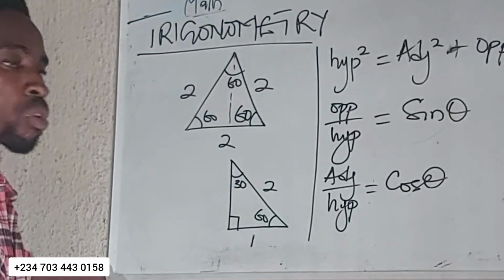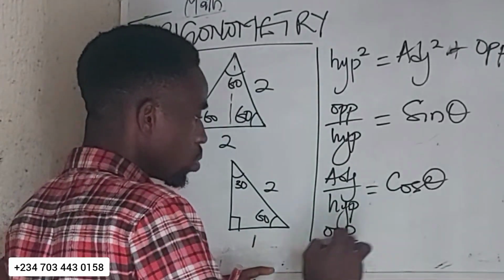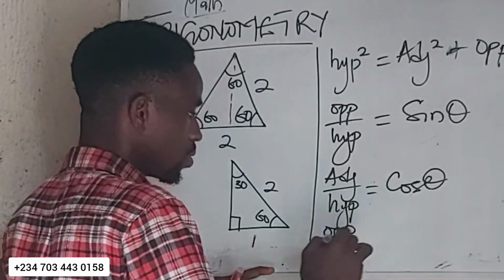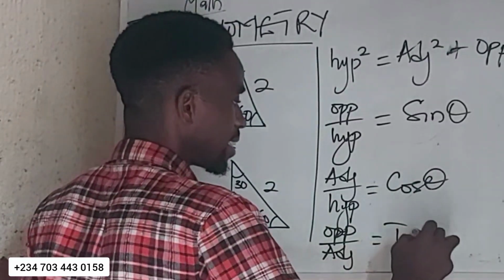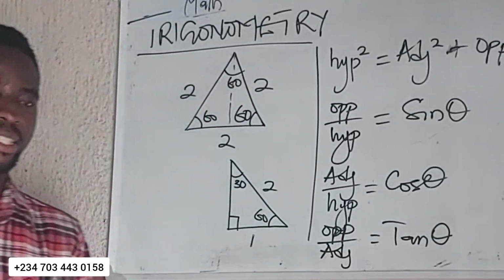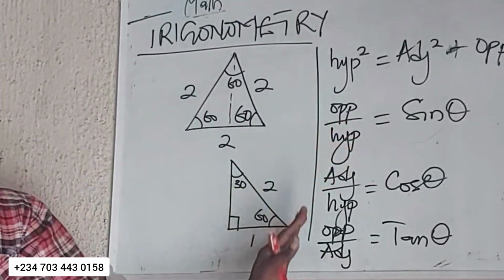And then the ratio of opposite to adjacent is called the tangent of theta. So opposite over adjacent. We know these ratios already.